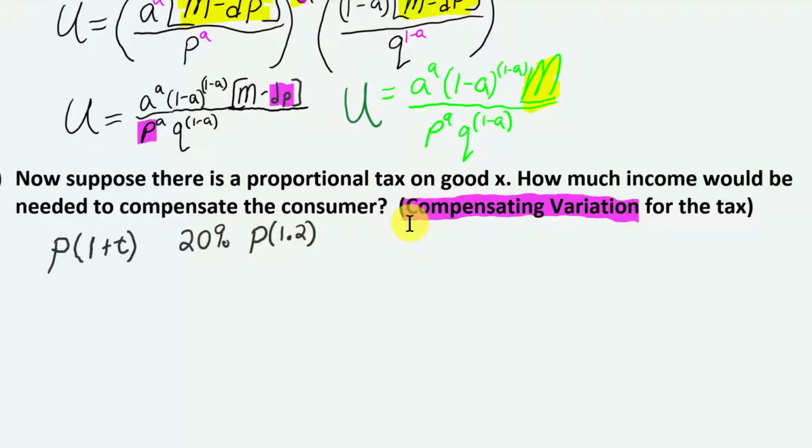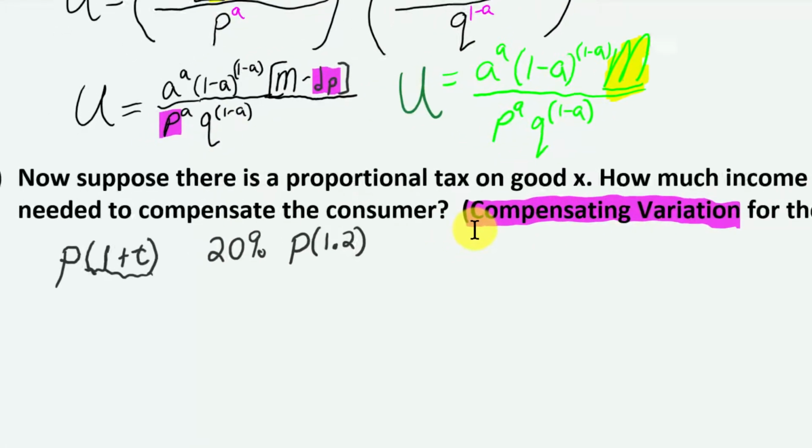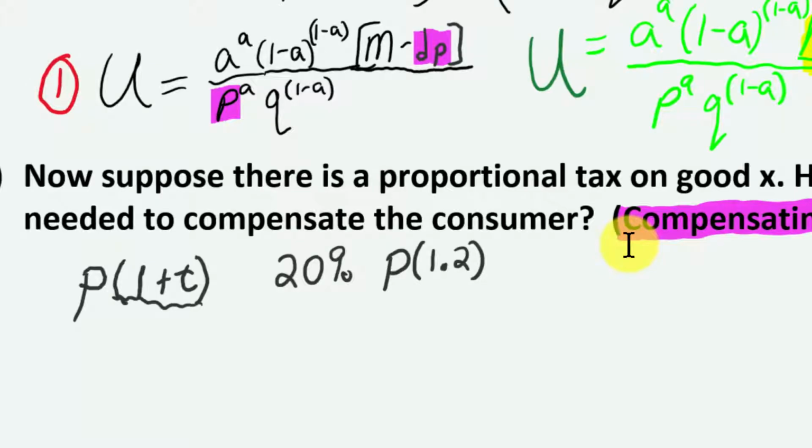That's what I have in mind when I'm talking about this multiplier 1 plus T. So let's look at what happens to this indirect utility function, which we'll call equation 1, when we add in that tax.